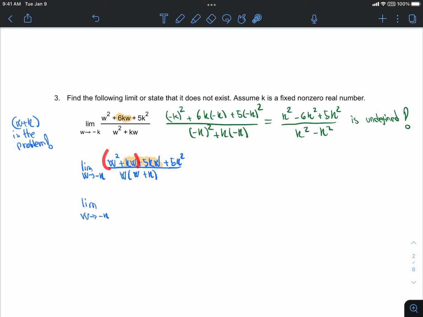These two I can group, factor out a w out of them. I'll repeat the bottom. So factor a w out of the first two to get w plus k. And then the last two I can group as well. And then factor, what can I factor? 5k out of it.